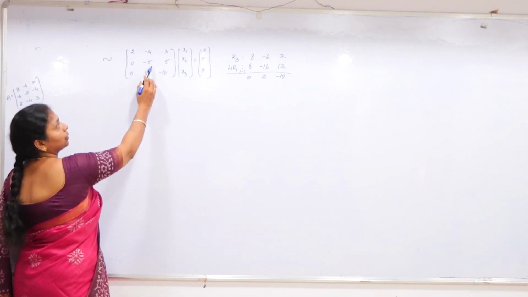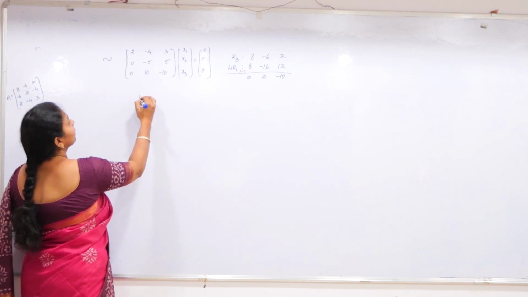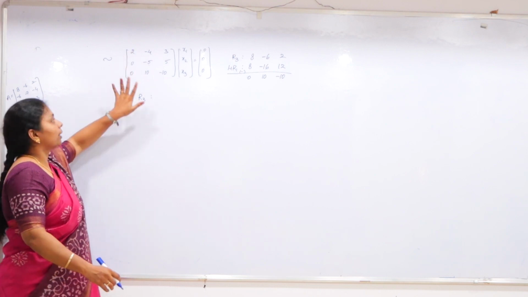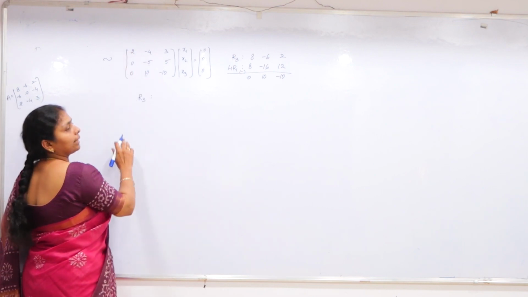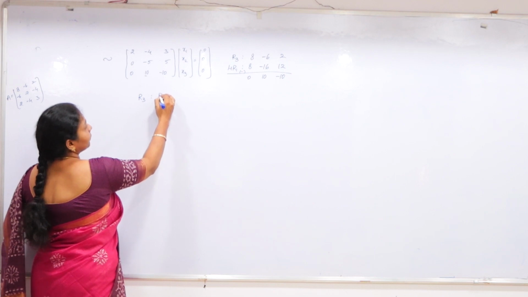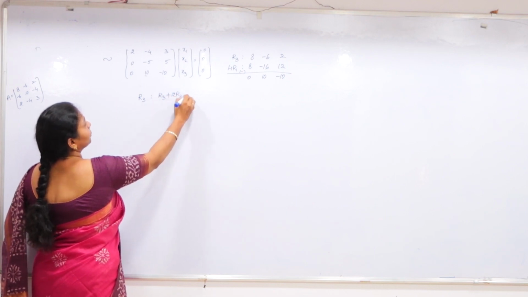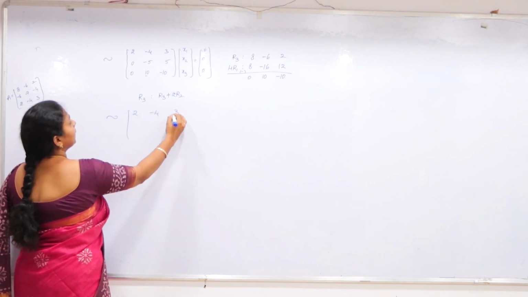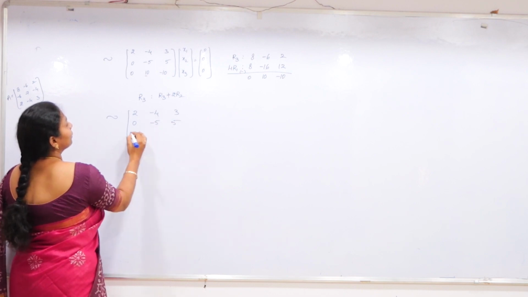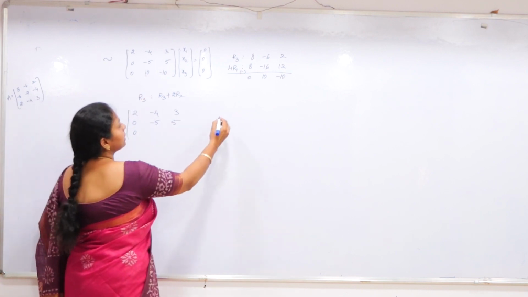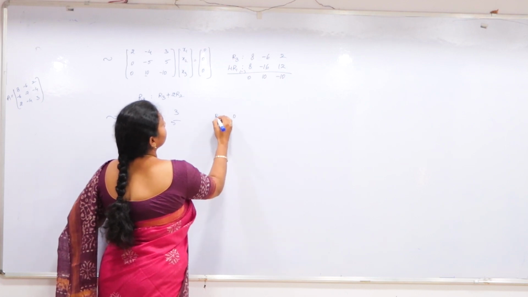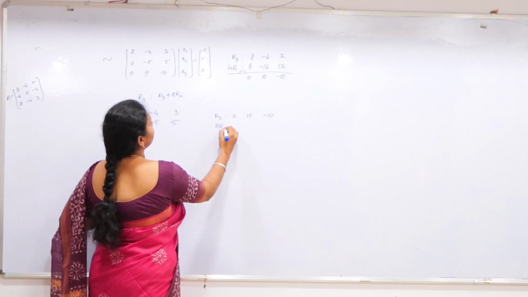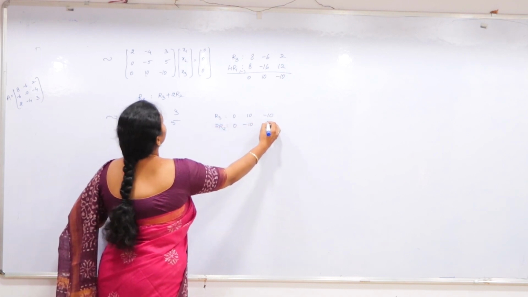See, R3 and R2 are multiples. Next step, use only R2 to change this element of R3 to 0. R3 as R3 plus 2R2. Equivalent matrix is 2 minus 4 3, 0 minus 5 5, 0 minus 10... What is R3? 0, 10, minus 10. 2R2 means 0, minus 10, plus 10.